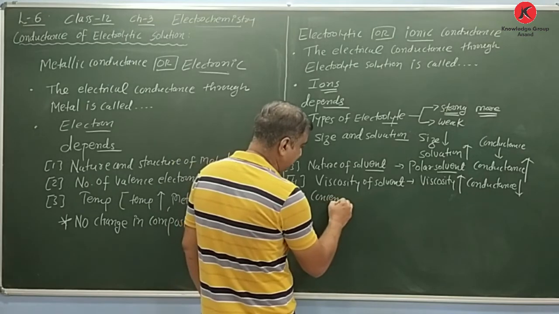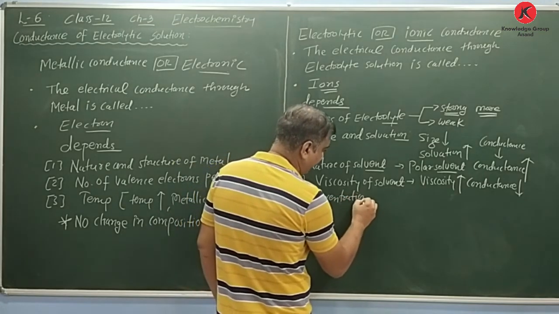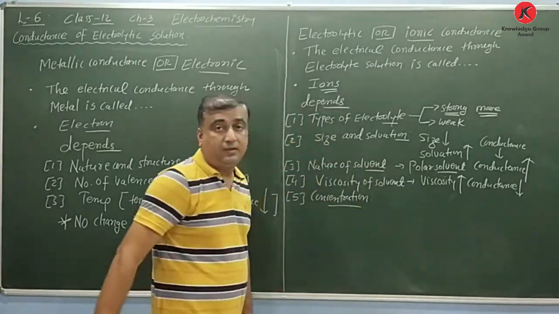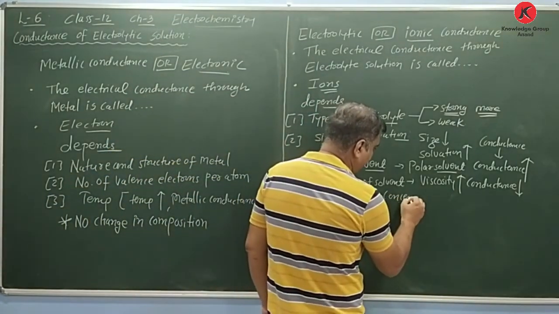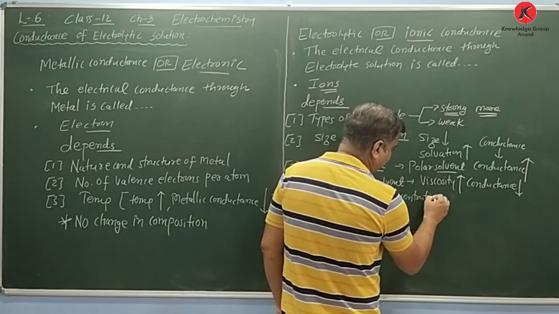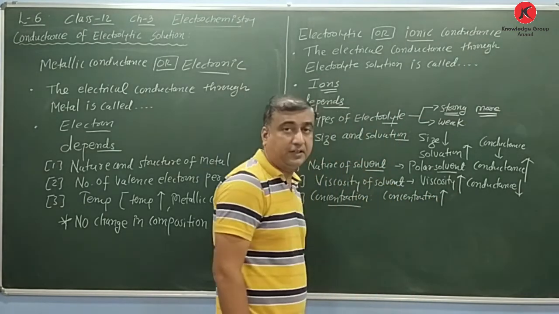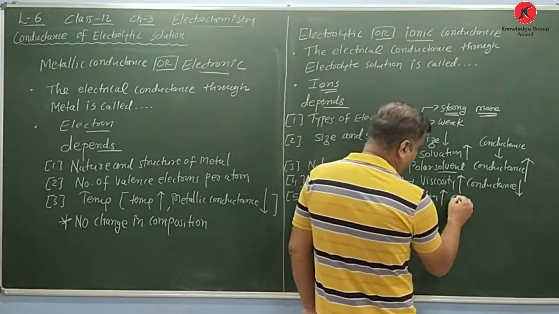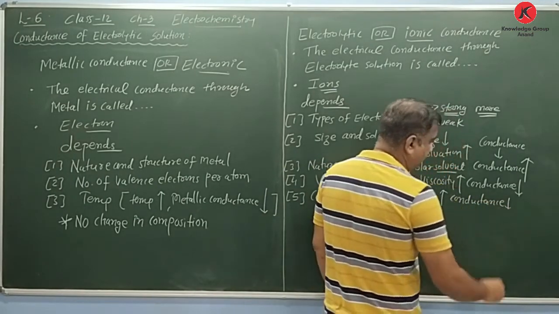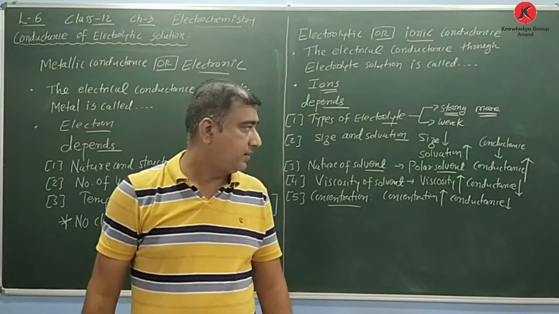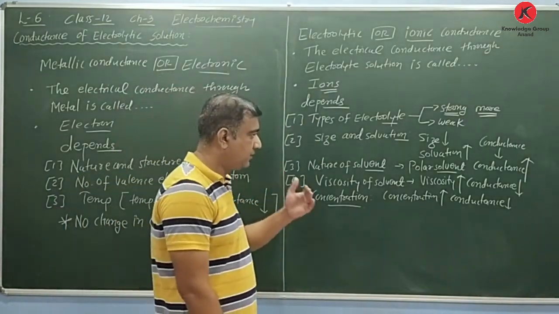Now the fifth one is concentration. The higher the concentration, that means concentration increases, and then conductance decreases. Why does concentration increase, conductance decrease?